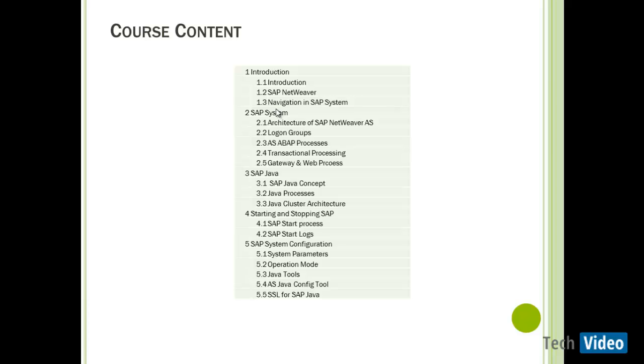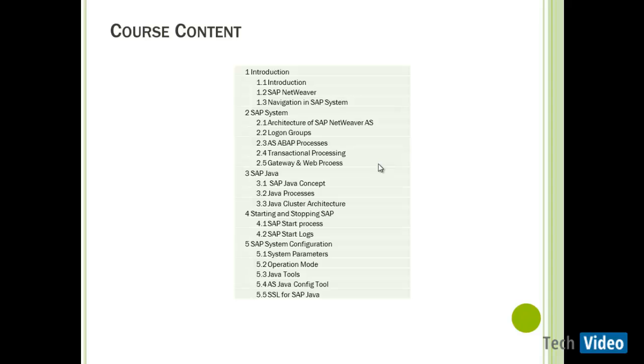We will see the SAP system architecture and logon groups, how we can create logon groups, and ABAP processes, what the different processes available in SAP systems are, and transactional processing, how a transaction is processed, and gateway and web processing. As you know, you can also use an SAP system nowadays as a web server, and we will see how web processing works.